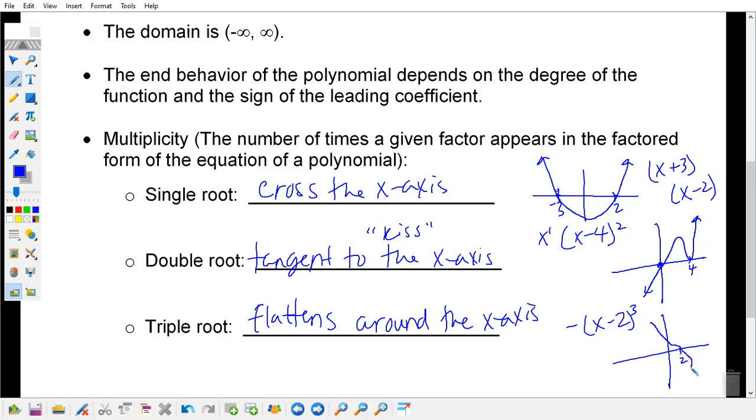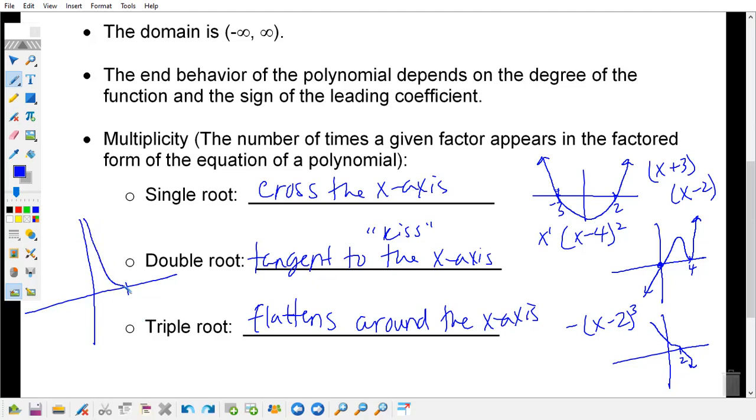I can never draw it, guys. I'm bad at drawing the flattening. Hold on, I have to try it again. It is not my expertise. I apologize. Maybe if I make it bigger. It flattens. Oh, I still didn't make it through.